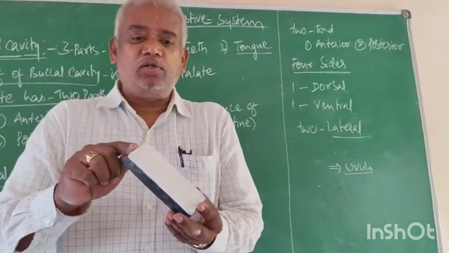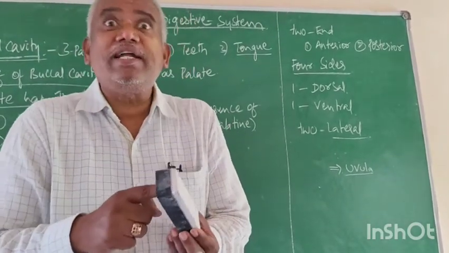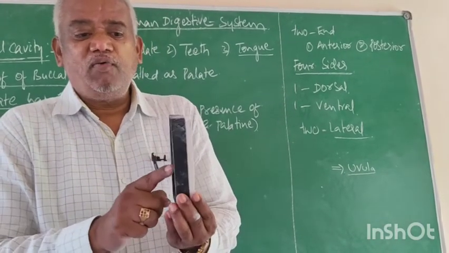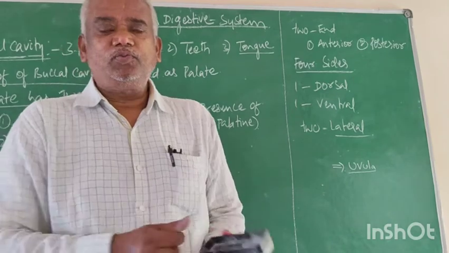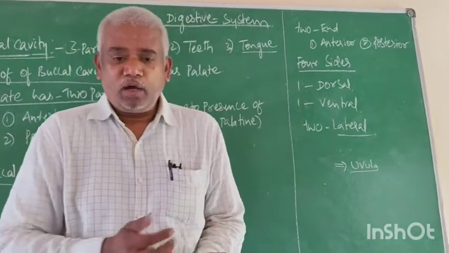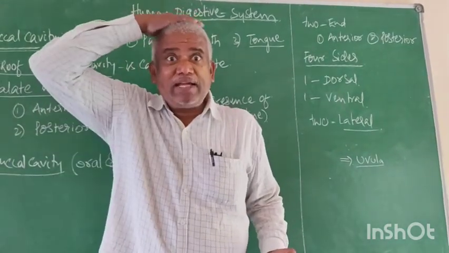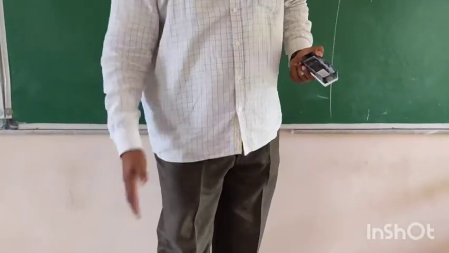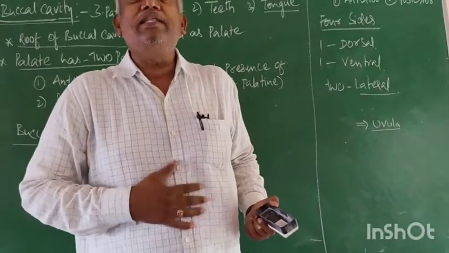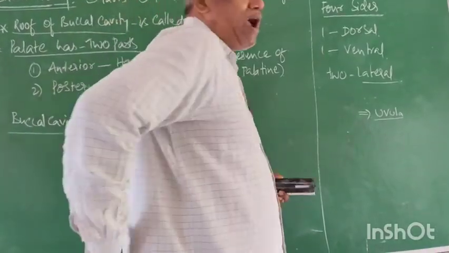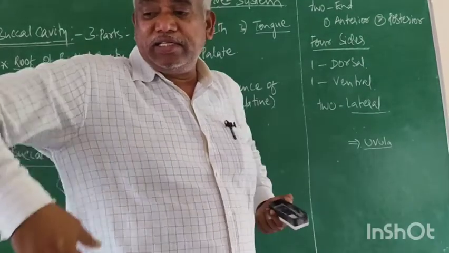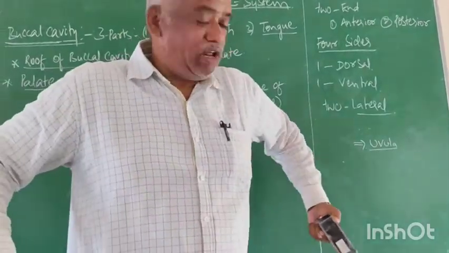This is the ends. Now, what about these sides? Surfaces: dorsal, ventral, two laterals. Suppose, for example, it is our body: the head is anterior, the foot is posterior. This belly region is ventral, the backbone region is dorsal. It is the right lateral, it is the left lateral.